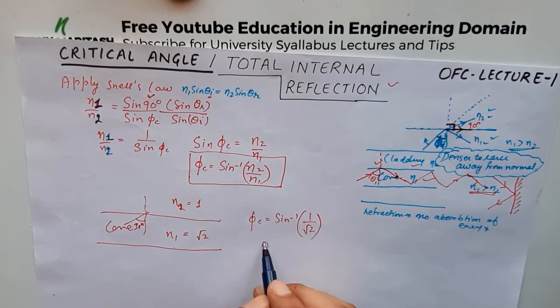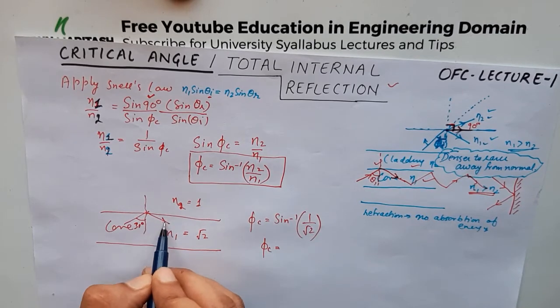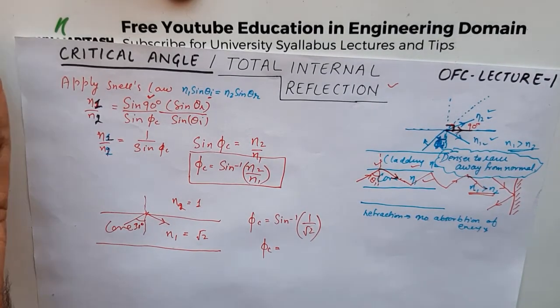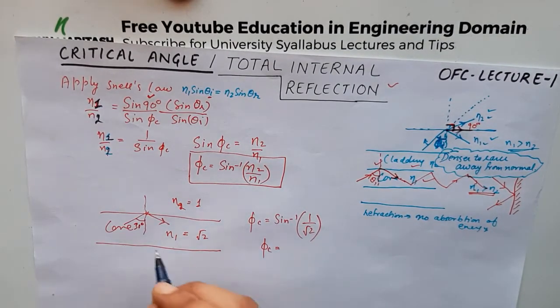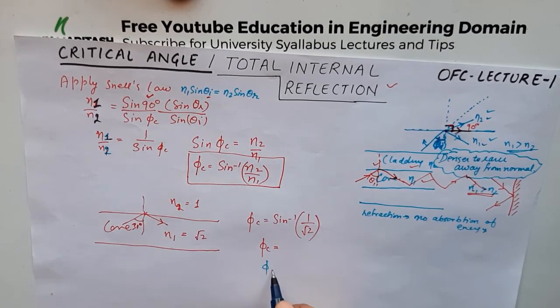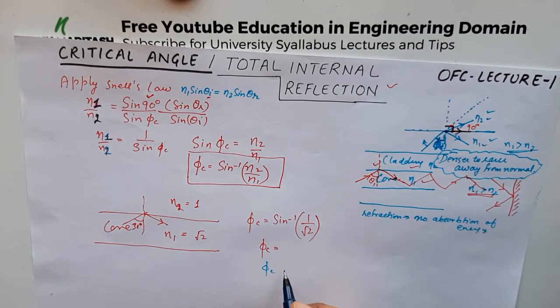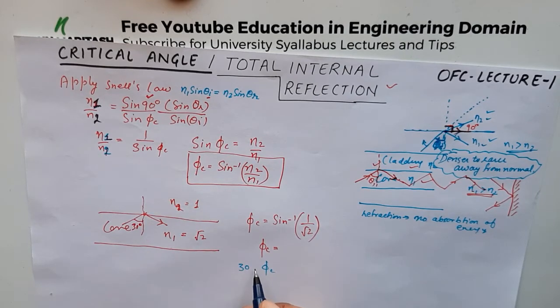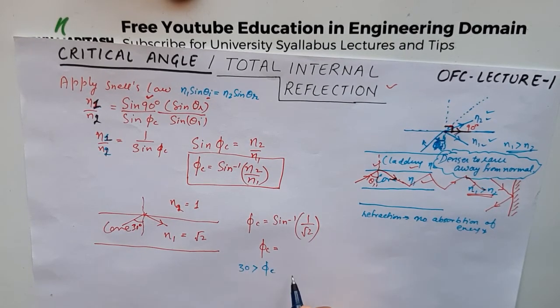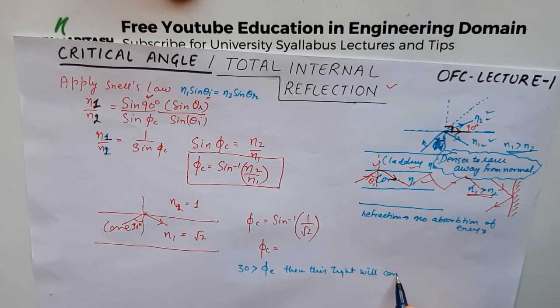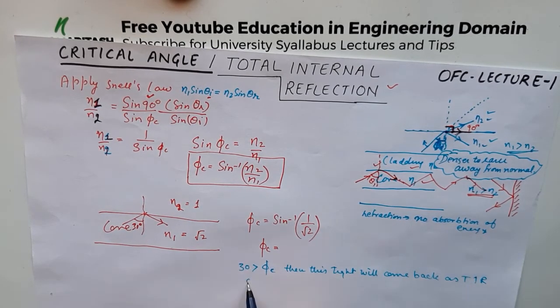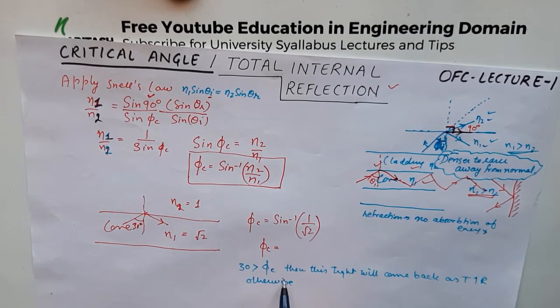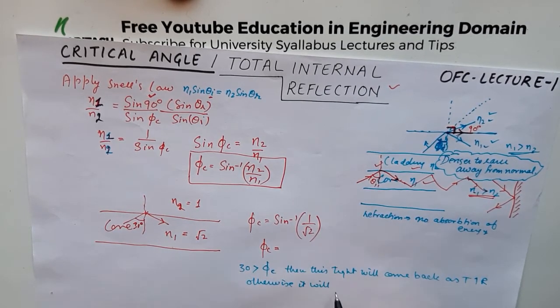This will be the angle that we must exceed in order for this light to come back. If 30 degrees is greater than phi c, then this light will come back as TIR. Otherwise it will go into the cladding.